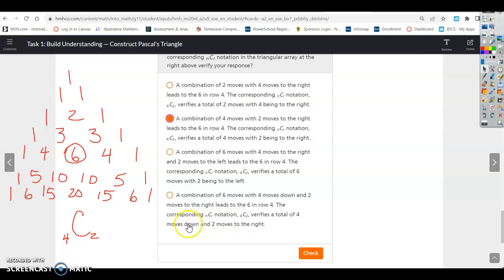This one probably is the next closest one. So I don't know why this moves right. Combination of 6 moves with 4 moves down.